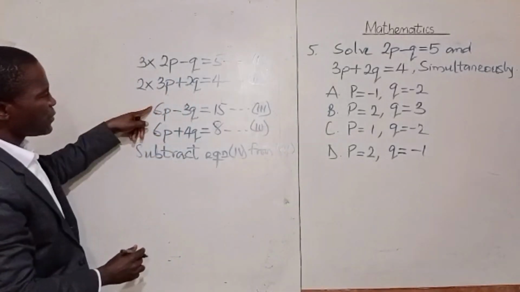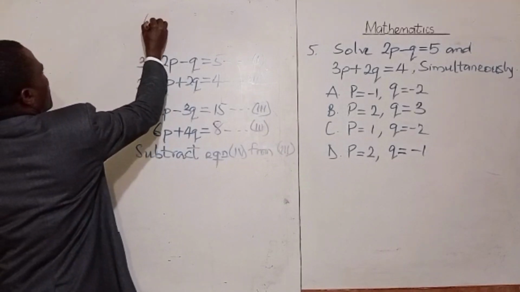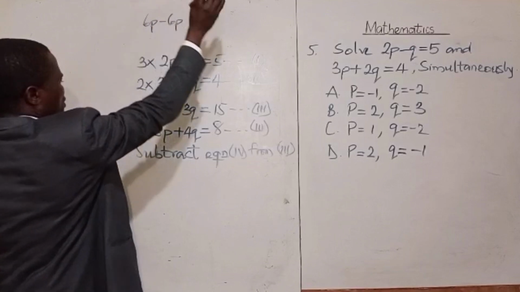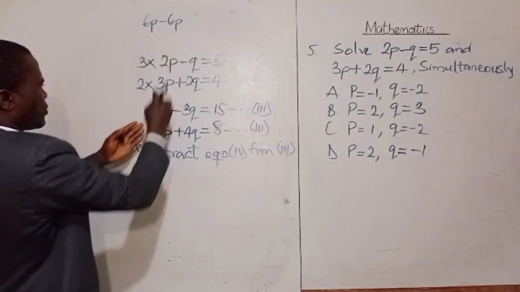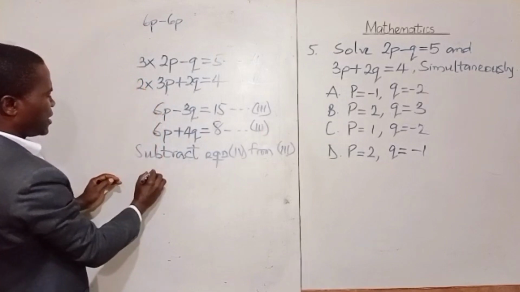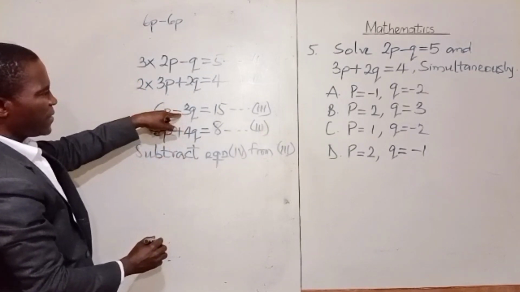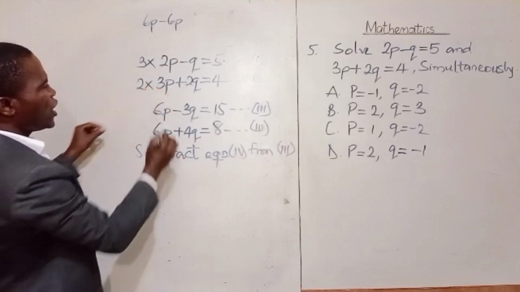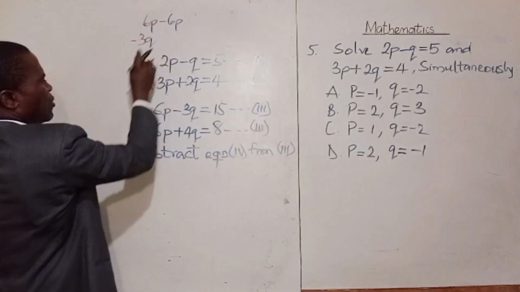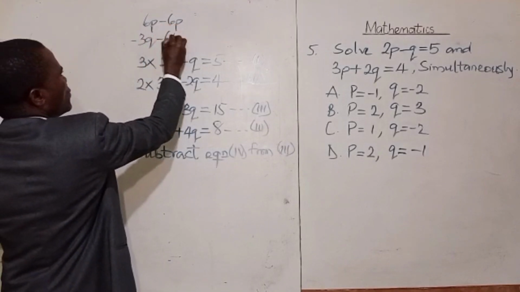That means 6p minus 6p. 6p minus 6p is 0. So this one is eliminated already. Then we are left with this one. This one is saying minus 3q minus plus 4q.